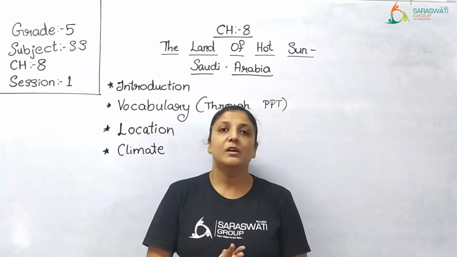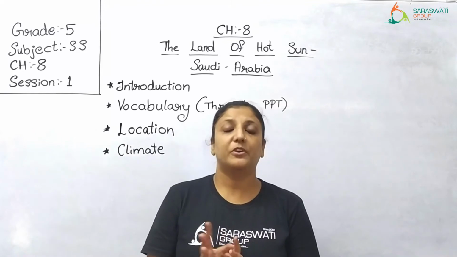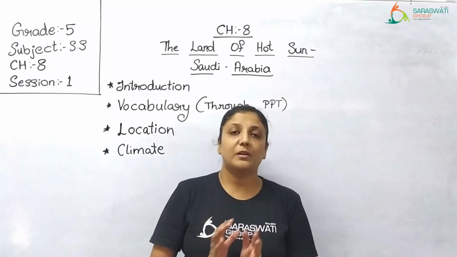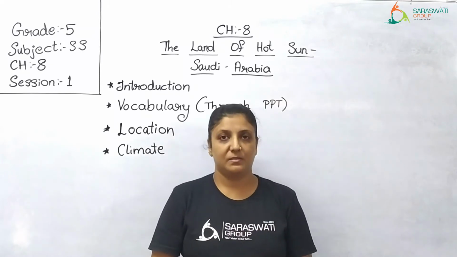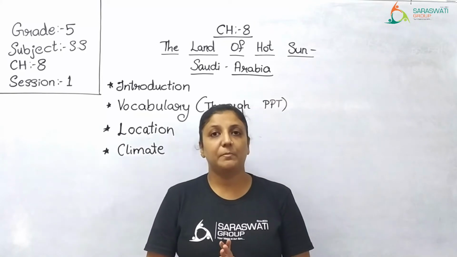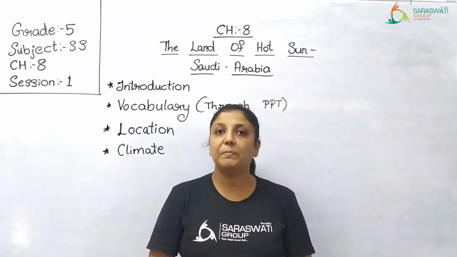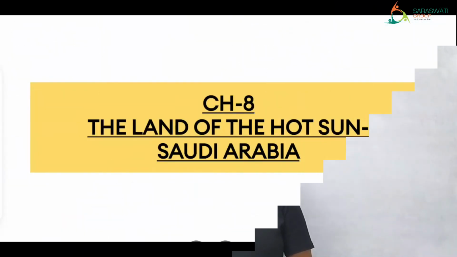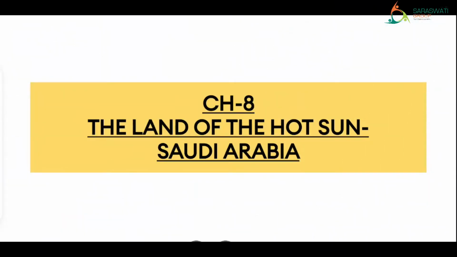It also has a related picture to make you understand what that particular word means. So I hope you will listen to the vocabulary words through the PPT. So shall we begin the PPT now? Chapter number 8, the land of the hot sun, Saudi Arabia.